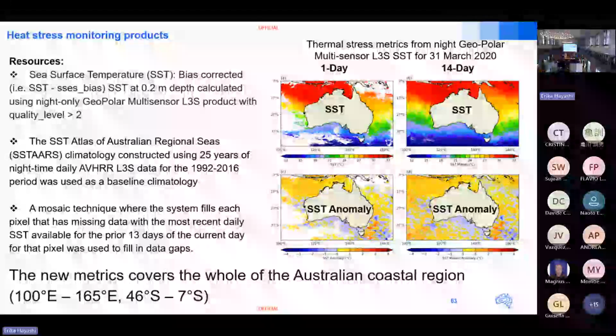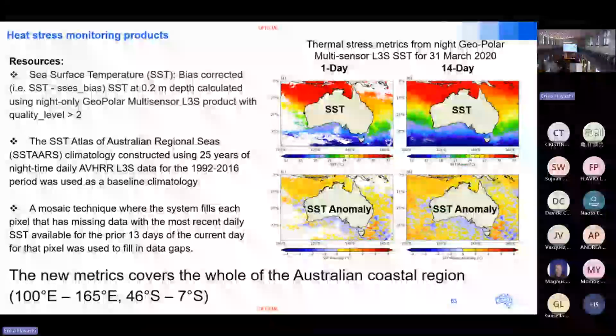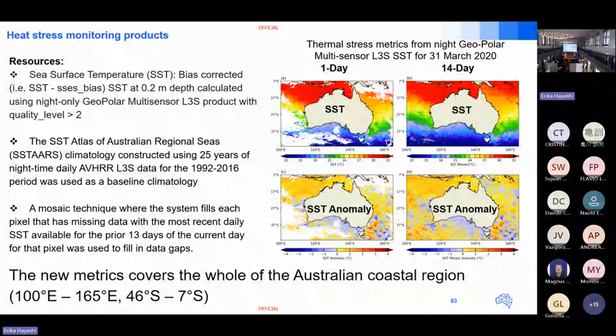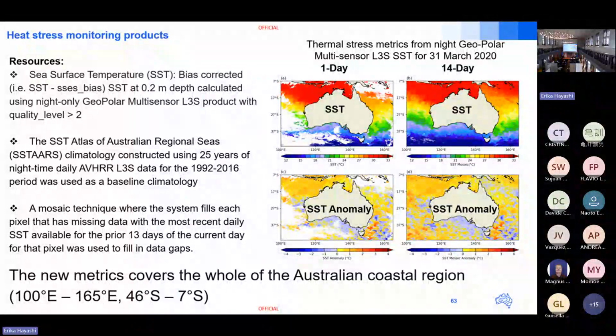The STARS climatology was calculated with CSIRO using 25 years of AVHRR-only L3S data, from 1992 to 2016. Why only up to 2016? Before developing these tools, we gathered feedback from the user community around Australia, and the main concern we got is that after 2016 we got that really booming SST that yesterday Chris and William were mentioning.